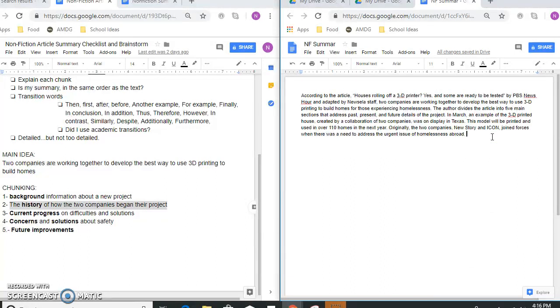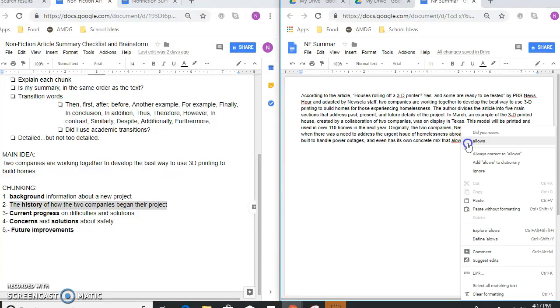Now I need to use another transition to move into the third chunk of the article. Let's see. Now, the Vulcan 3D printer is built to handle power outages and even has its own concrete mix that allows the structures to dry quickly.